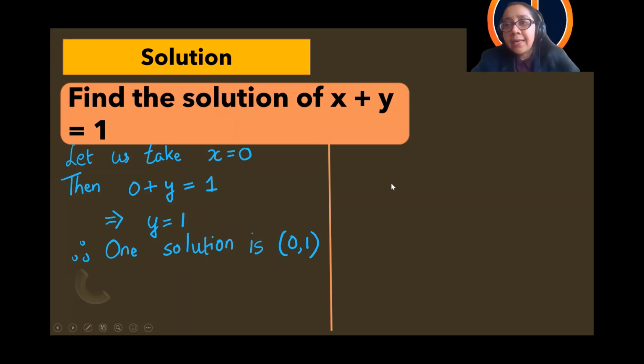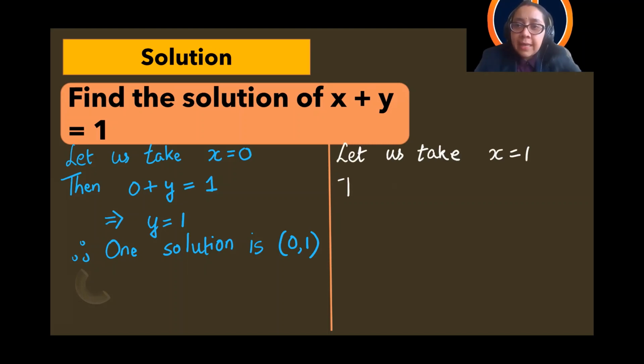Now you will ask, why teacher, why do we assume x equal to 0? Why can't we assume any other number for x? Yes, we can. For example, instead of x equal to 0, we can assume x equal to 1. Can you find the value of y then?